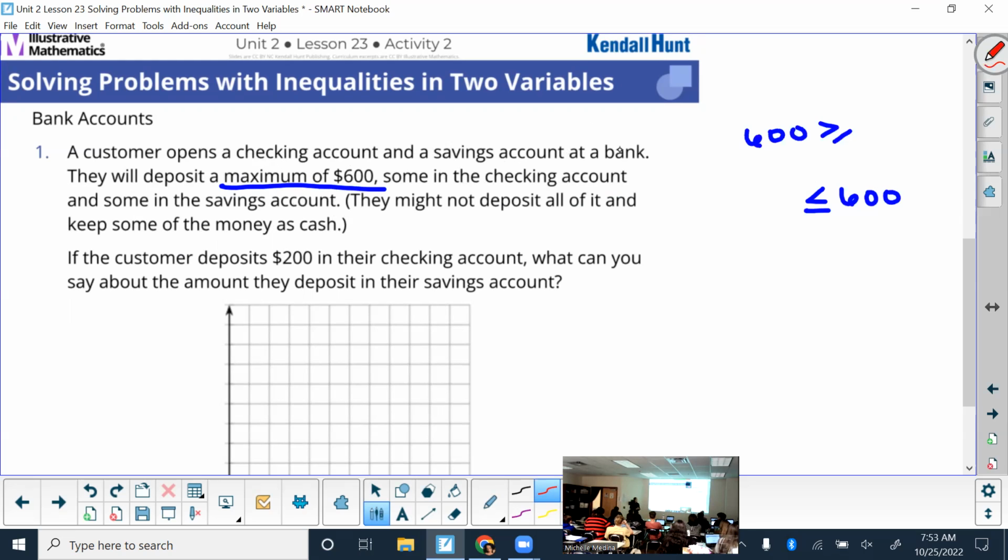Could that vary? So I'm going to put it as a variable. Maybe the checking account can be x, whatever money is in there. What should we put for the savings account? Good, because that can also vary. If you got that on your first try, great job. If not, use those strategies to help you when you have to determine it.